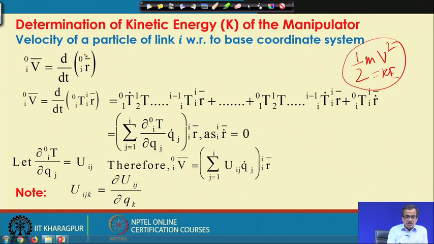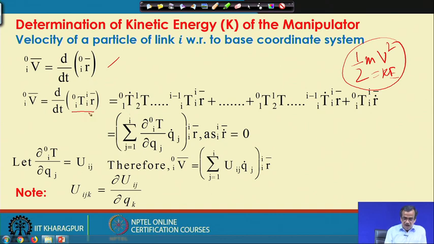This r_i with respect to 0 is the position of that particular differential mass with respect to the base coordinate frame, and its rate of change with respect to time is v_i with respect to 0, the velocity of that particle with respect to the base coordinate frame. Now, this r_i with respect to 0, as I told, can be written as T_i with respect to 0 multiplied by r_i with respect to i.